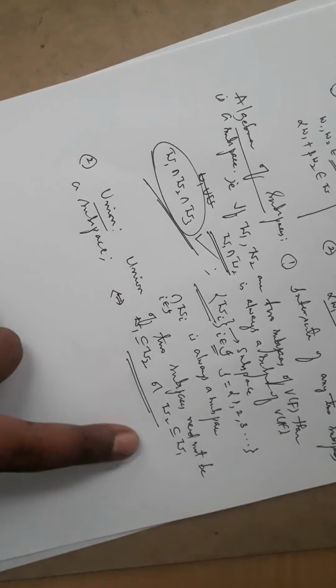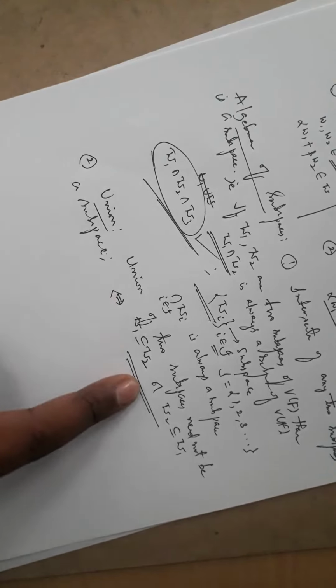Idea is clear? Intersection of two subspaces will be a subspace, whereas union of two subspaces need not be a subspace. And it will be a subspace if and only if either one is contained in the other. If W1 is a subset of W2 or else W2 is a subset of W1, then you can claim that it's a subspace. Once we solve a few problems, we'll understand what exactly it conveys.